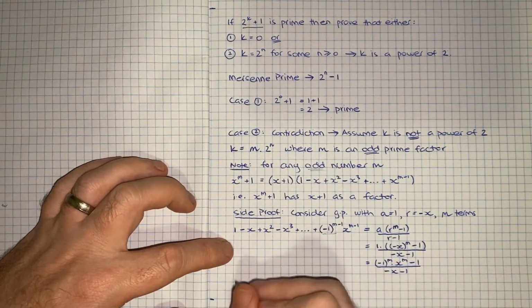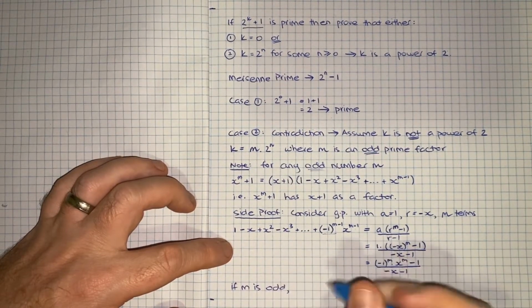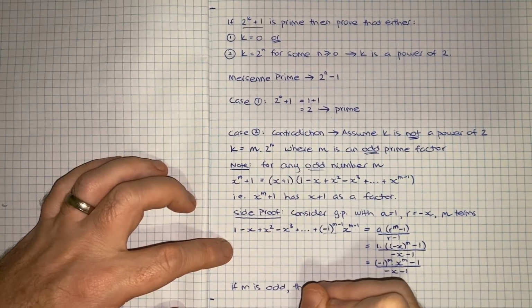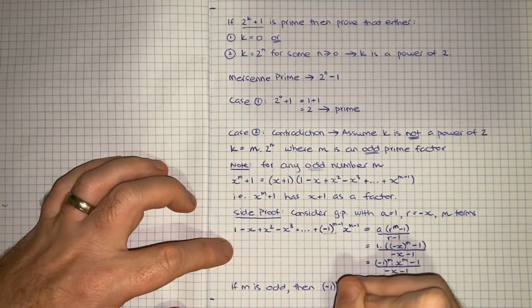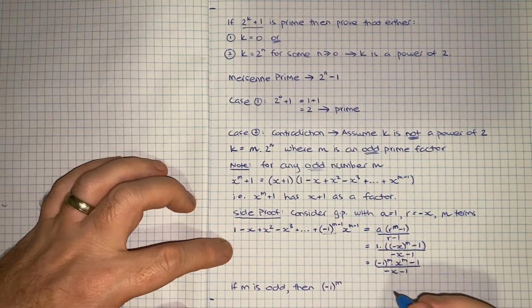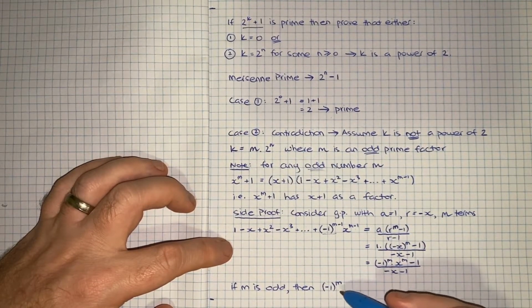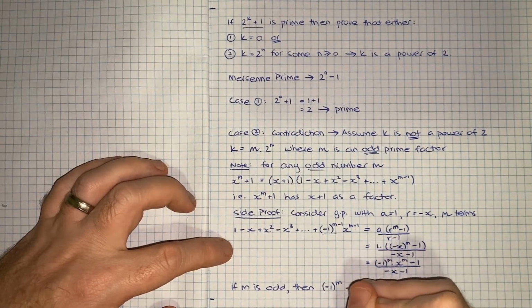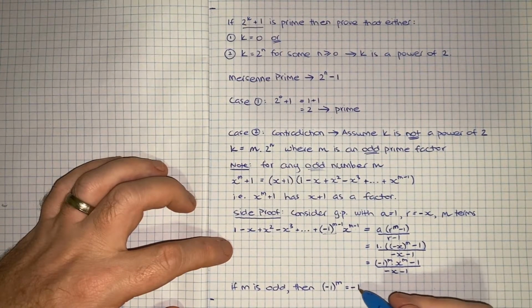And so we can say if m is odd, then first of all, if we start with negative 1 to the m, negative 1 to the power of an odd number, so if we think of 1, 3, 5, and so on, we're always going to end up with just negative 1.